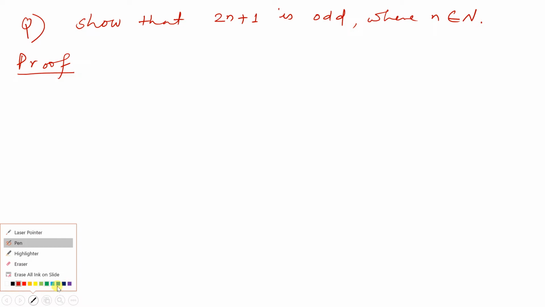How do you prove this one? You must have done this in graduation, at plus 2 level. You must have studied it. Do it.